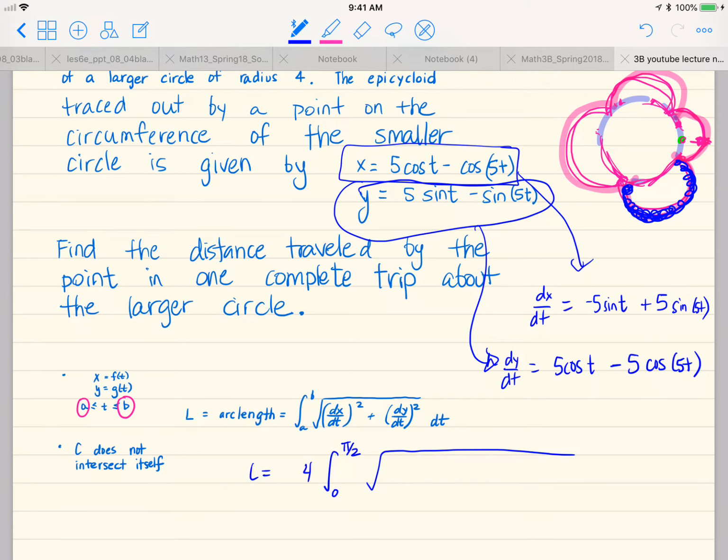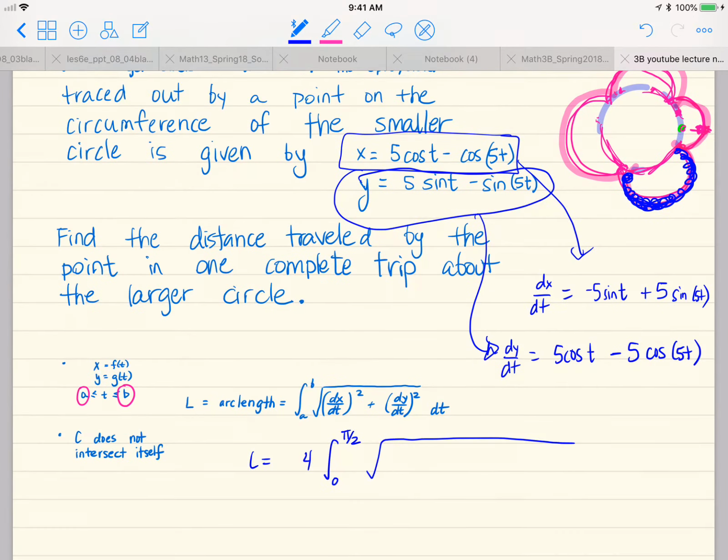So we need dx/dt squared, which is going to be minus 5 sine t plus 5 sine 5t, quantity squared, and dy/dt, which is 5 cosine t minus 5 cosine 5t, all of that squared, dt.